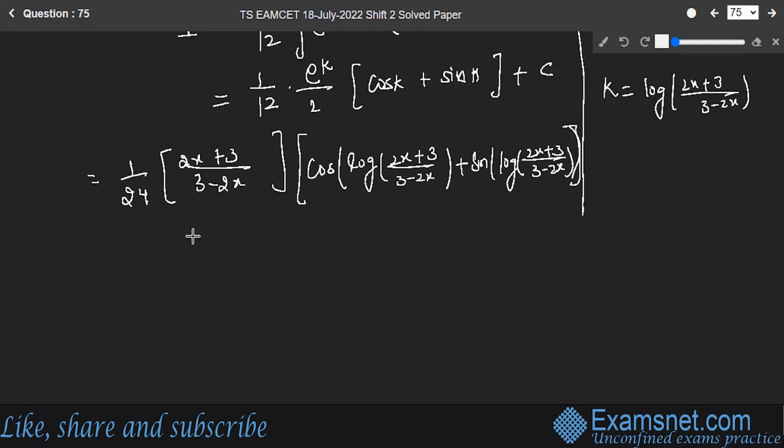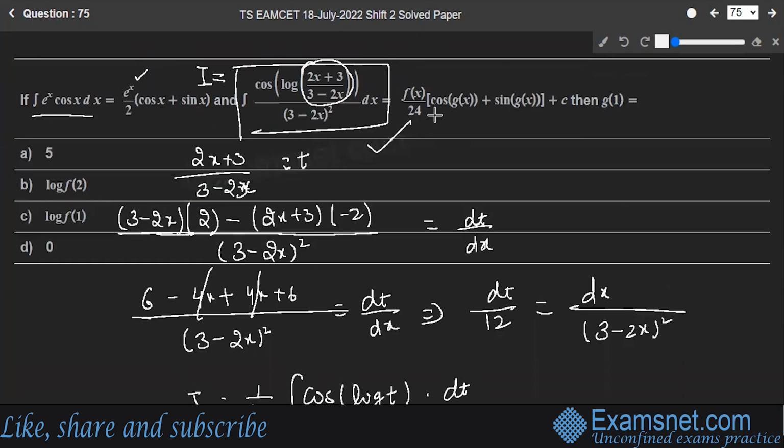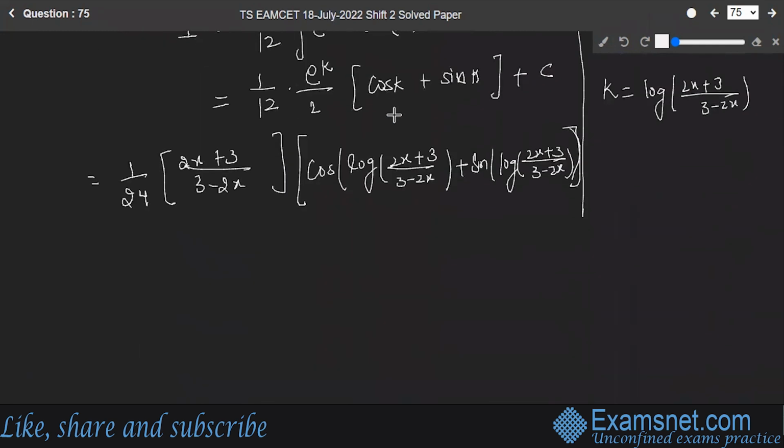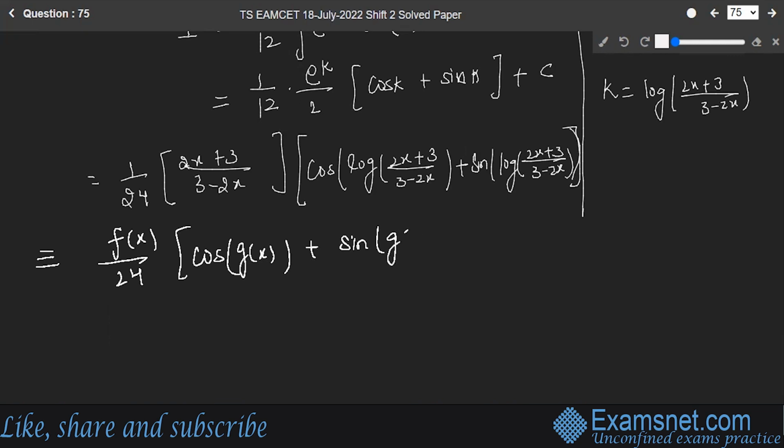So now let's compare it with the given equation. Here you have f(x) is equal to this expression. So 24, 24 cancels. Let's write down this expression also, so as to have the clear picture: this is equivalent to f(x) upon 24 into cos of g(x) plus sine of g(x) plus c. Here was also plus c.